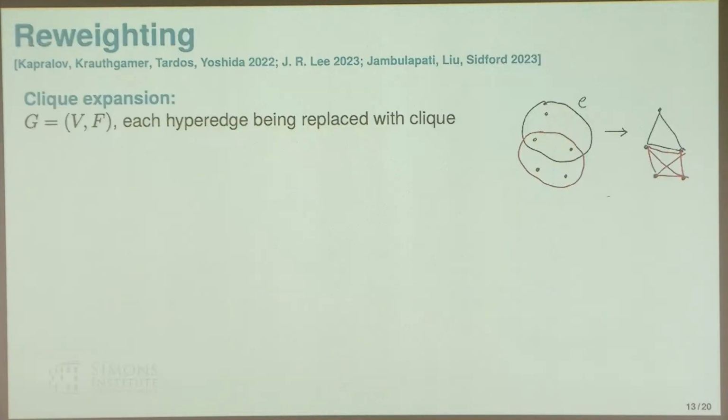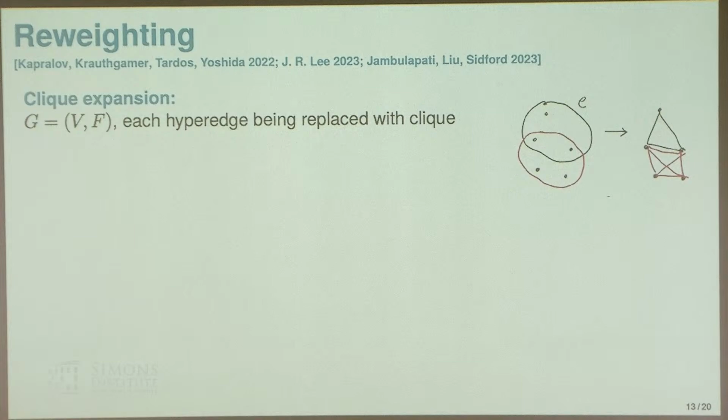Okay. For the graph case, we can use a parameter called effective resistance. But for hypergraphs, we need some careful analysis or idea. What's popularly used in the context of hypergraph sparsifiers is reweighting.